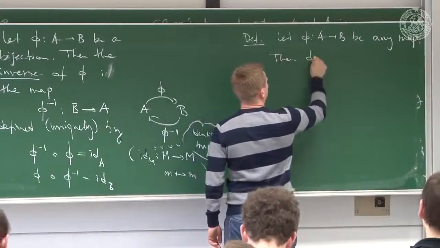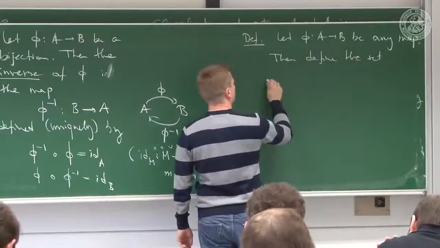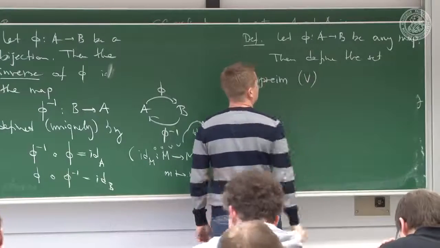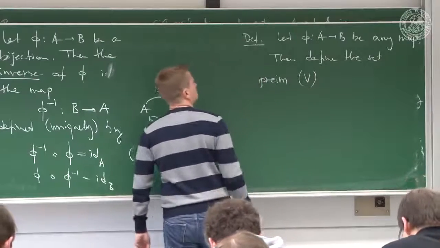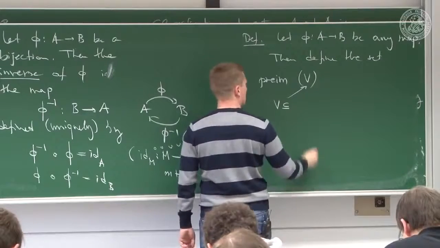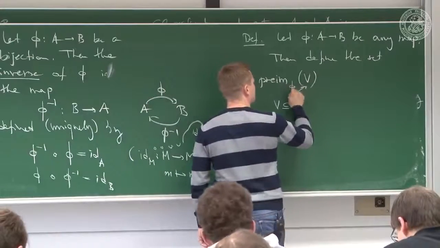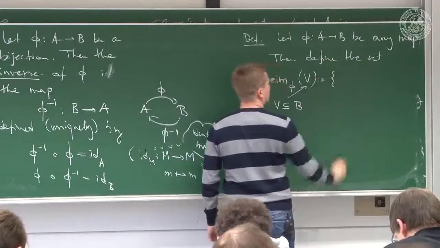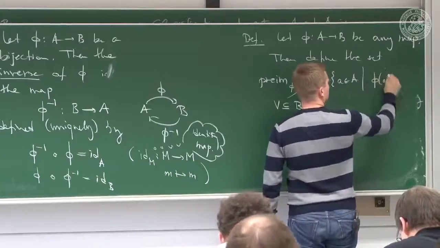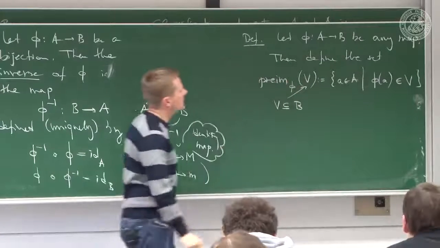Then we define the set pre-im, like pre-image, of a set V. Well, and this set V is supposed to be a subset of the target of the map. And the pre-image of V under the map phi is defined as all those a in the domain whose image under phi lies in the specified set V.